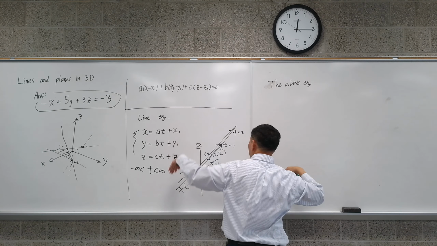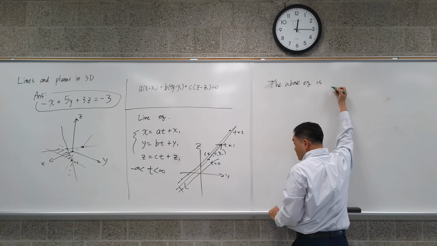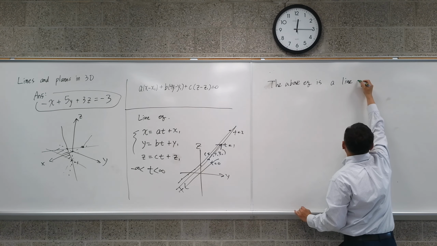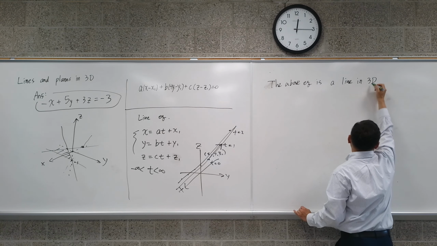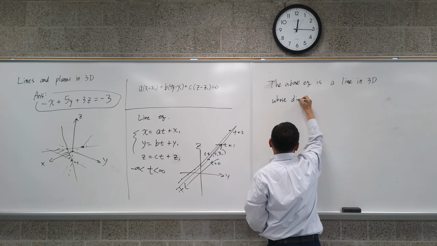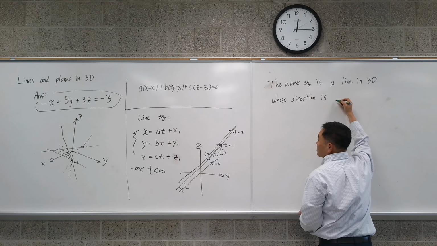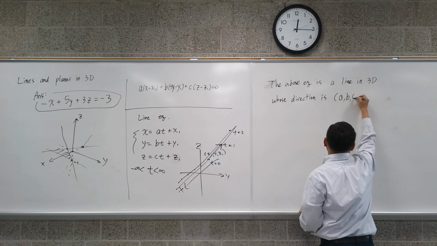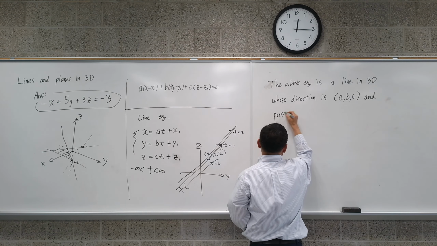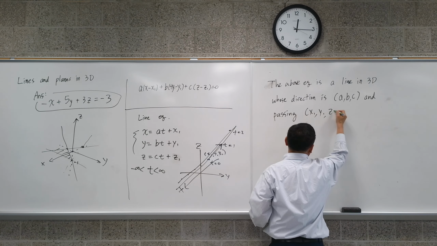Okay, so the above equation is a line in 3D whose direction is A comma B comma C and passing x1 comma y1 comma z1.